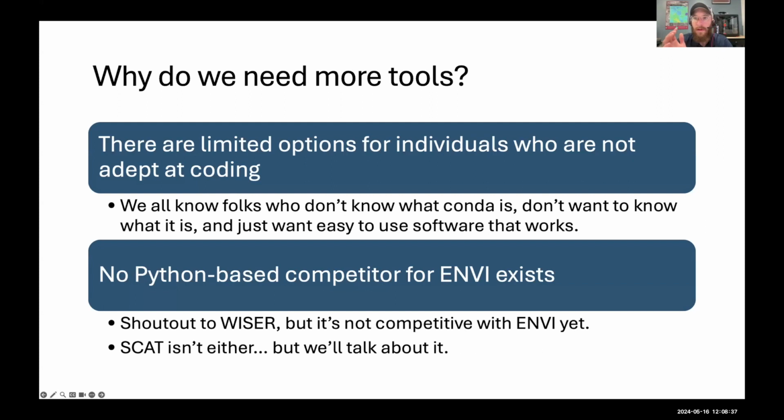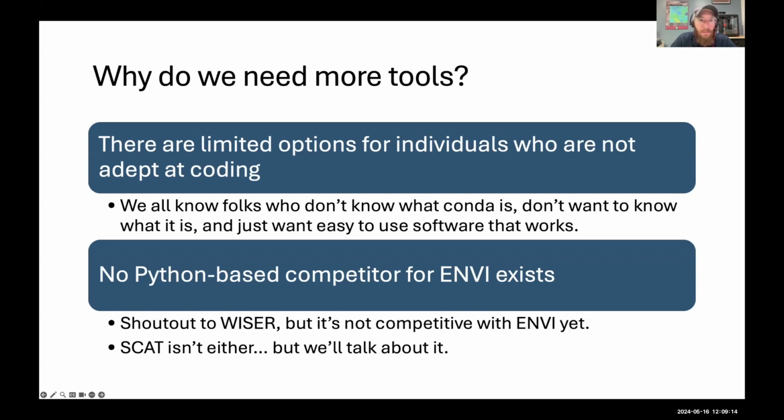So with these tools already out there in the ecosystem, why do we need more? They're limited in one sense, which is that you already have to know how to code to use some of these tools. We all know people who either don't know what Conda is, don't want to use Conda, don't want to become familiar with Git or any of these things where you're interacting with the command line, or have to go into the guts of a code to get it to work for your purpose.